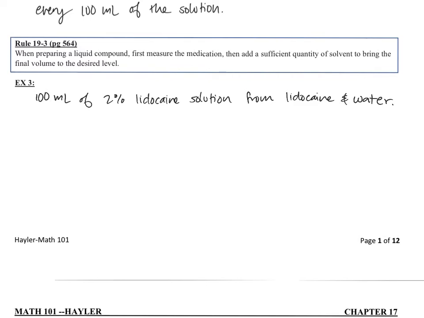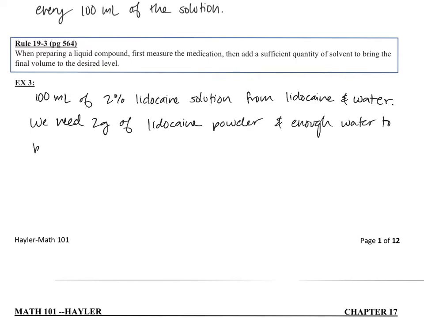To prepare this, we need 2 grams of lidocaine powder and enough water to bring the final volume up to 100 milliliters.